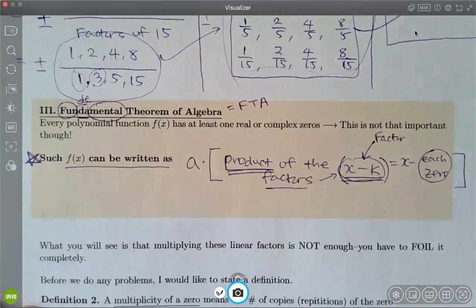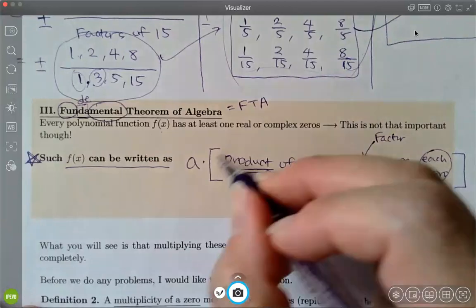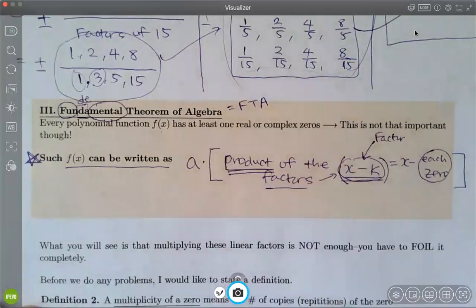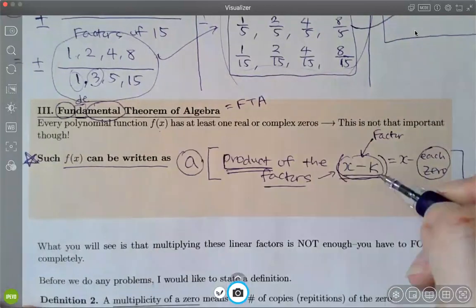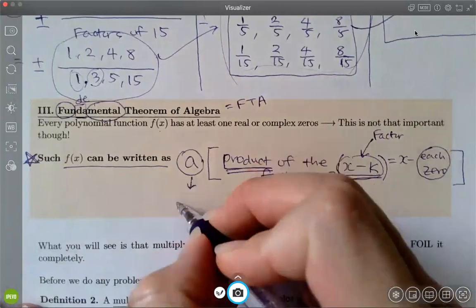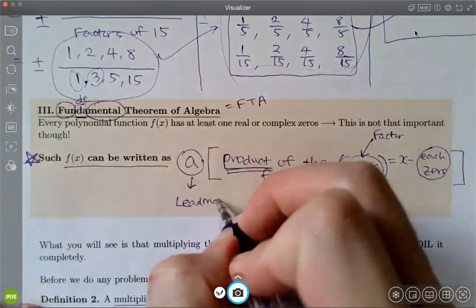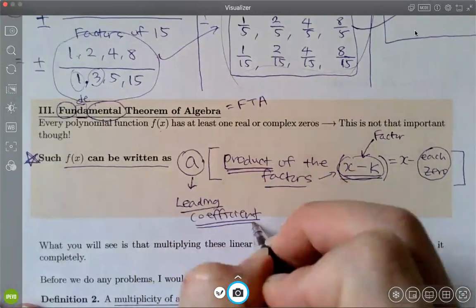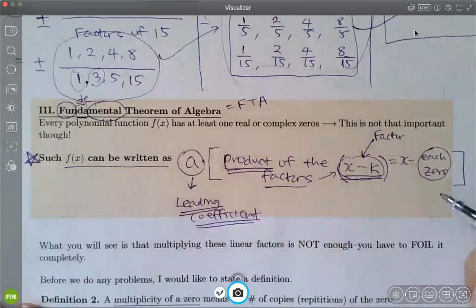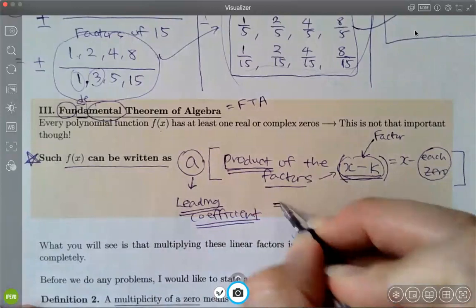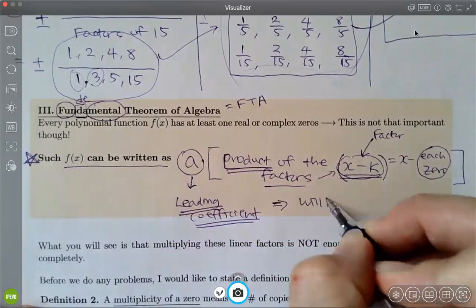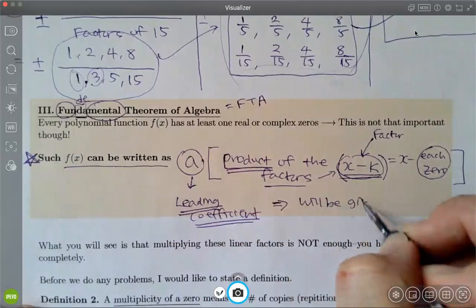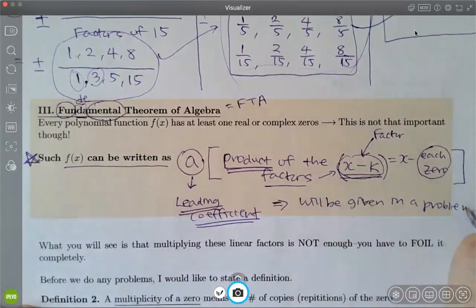And in front of this product of the factors, what do you have? This a. And what does that a represent? It is the leading coefficient. This leading coefficient will be either given in a problem or you can find it in a problem.